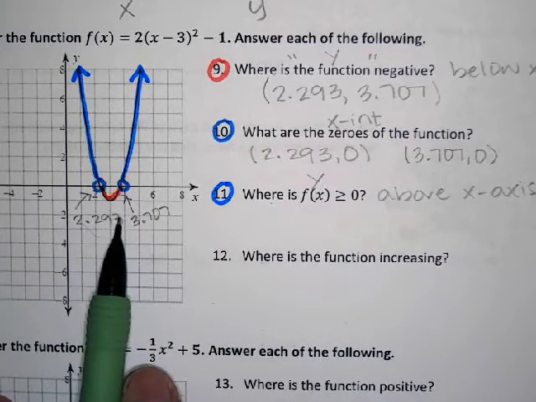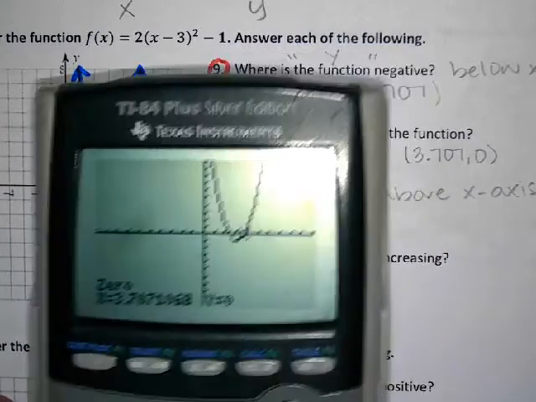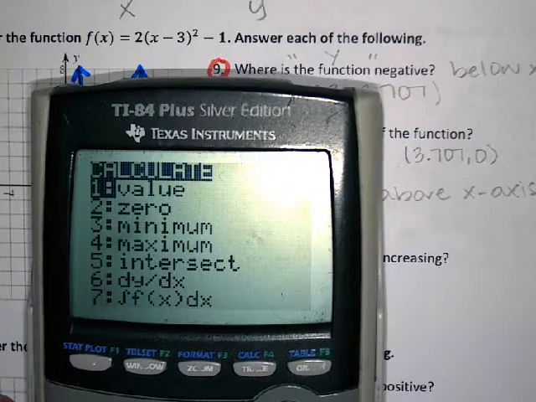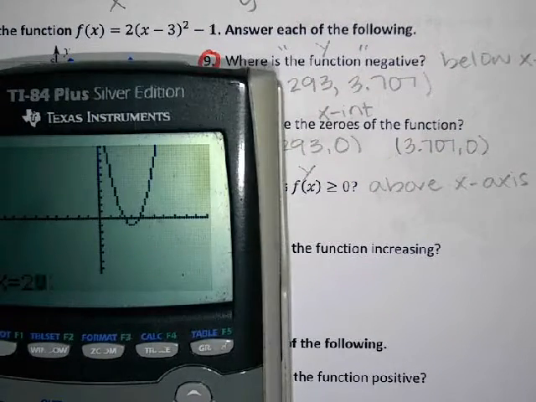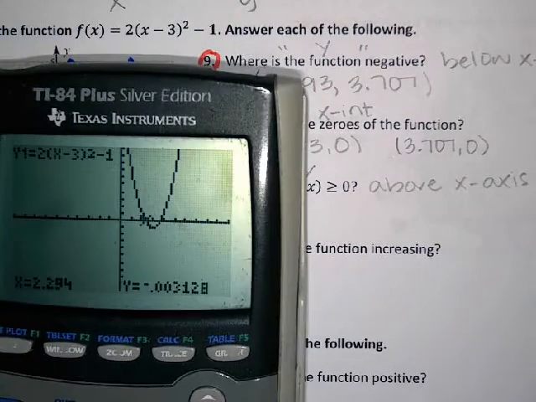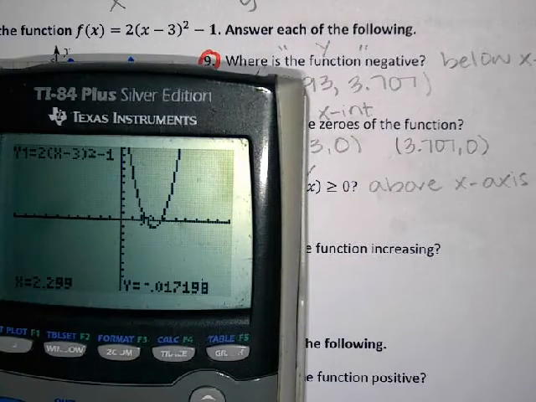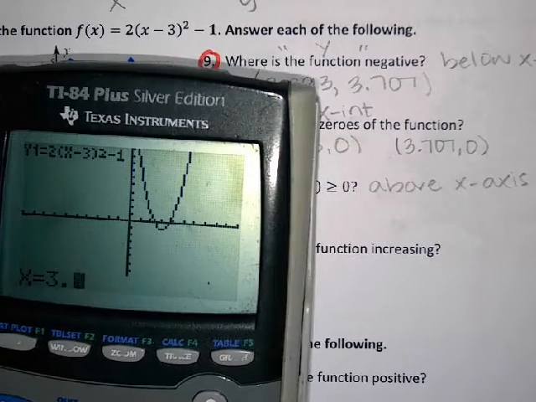So if you were to type anything in between there, I'll show you, we can type in different numbers. If I do second trace, option number 1, it lets me plug in any number that I want to. So if I were to type in 2.294, it gives me a negative answer. 2.299, that gives me a negative answer. 2.5, negative answer. 3, negative answer. 3.5, negative answer. 3.8, positive answer.